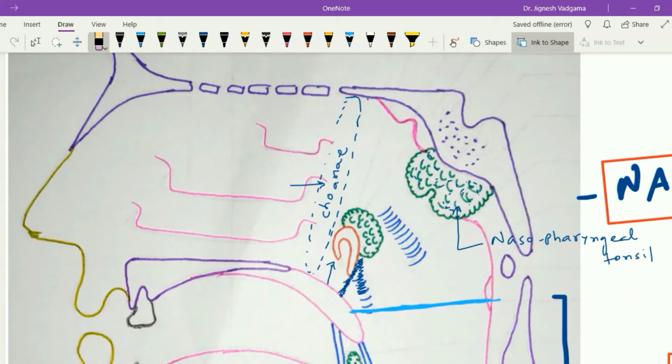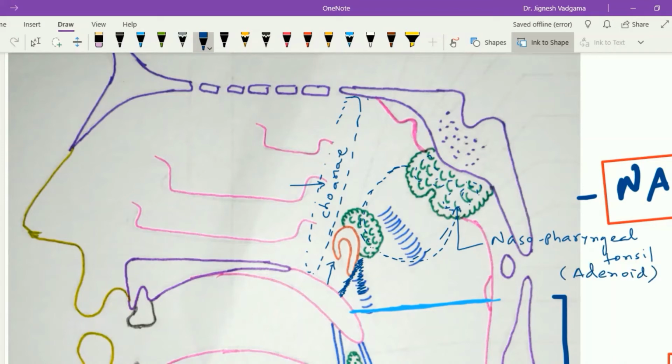This nasopharyngeal tonsil is prominent in children while it atrophies in adults. When it gets enlarged, it may obstruct the nasopharyngeal air entry, and at that time this enlarged nasopharyngeal tonsil is called the adenoid.